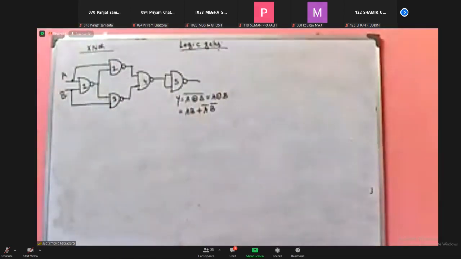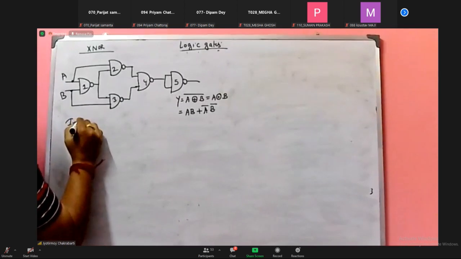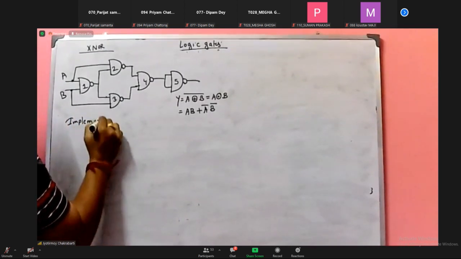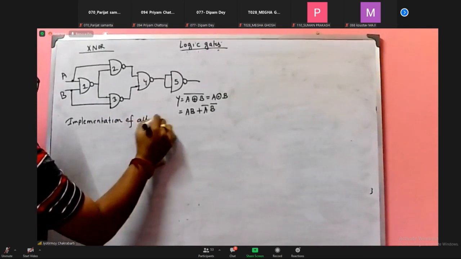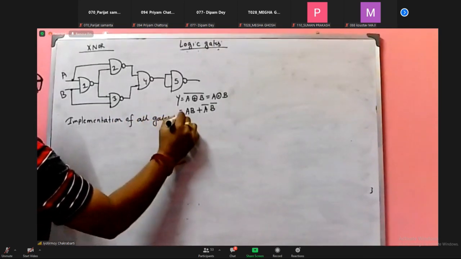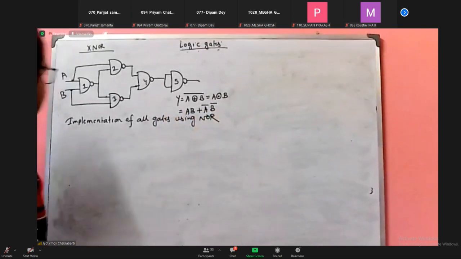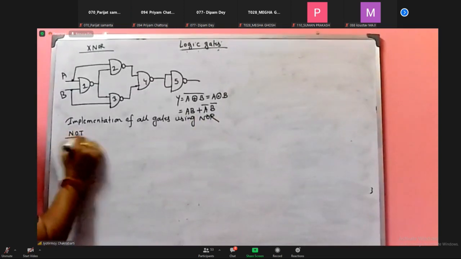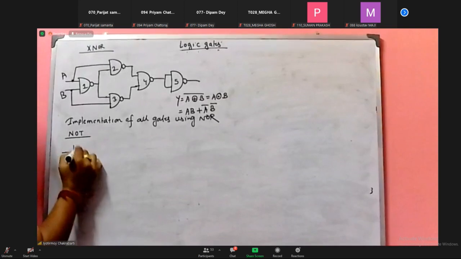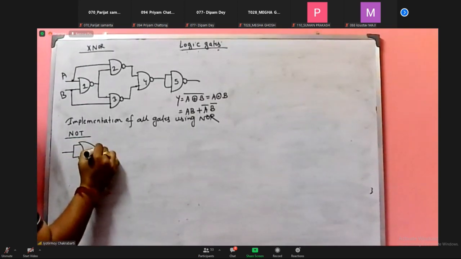Okay, so next is implementation of all gates using NOR gate. First, NOT is obtained by shorting the two inputs of the NOR gate.